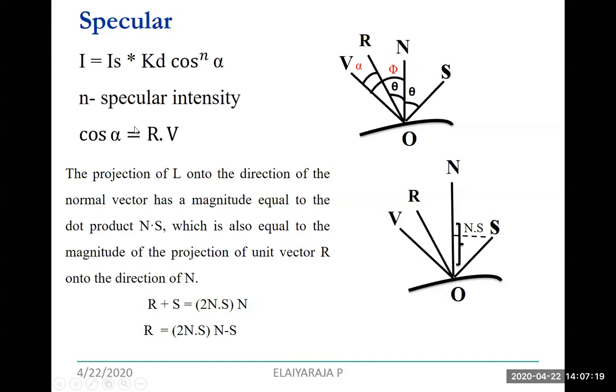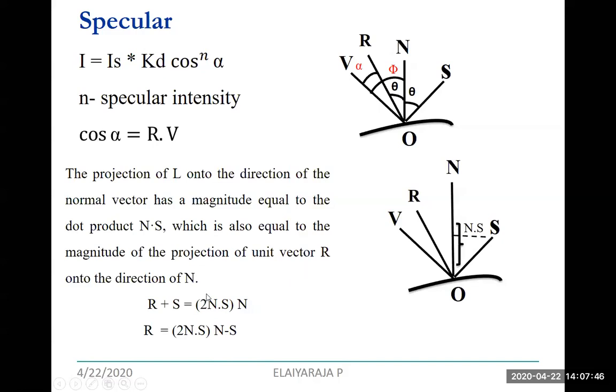You want only the reflection vector, so reflection is equal to 2 n dot s times n minus the source of light s. So cos alpha will be replaced with r dot v, where r is 2 n dot s n minus s, and the viewer vector is v, right?